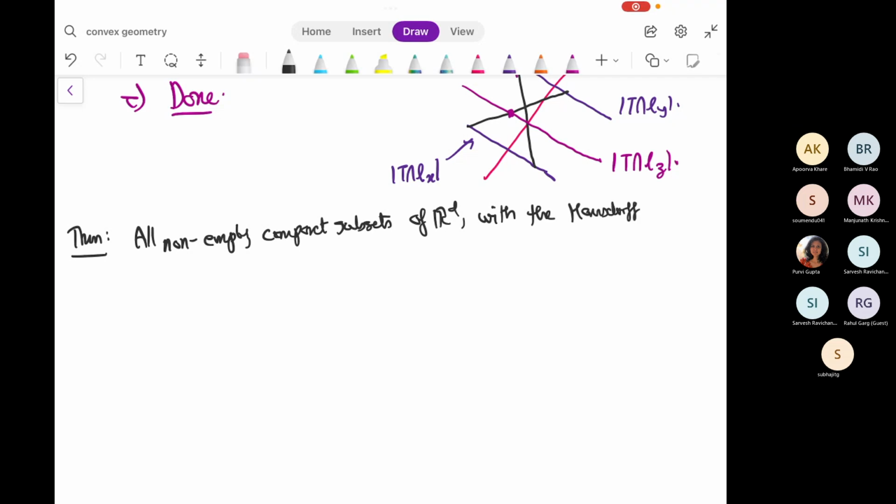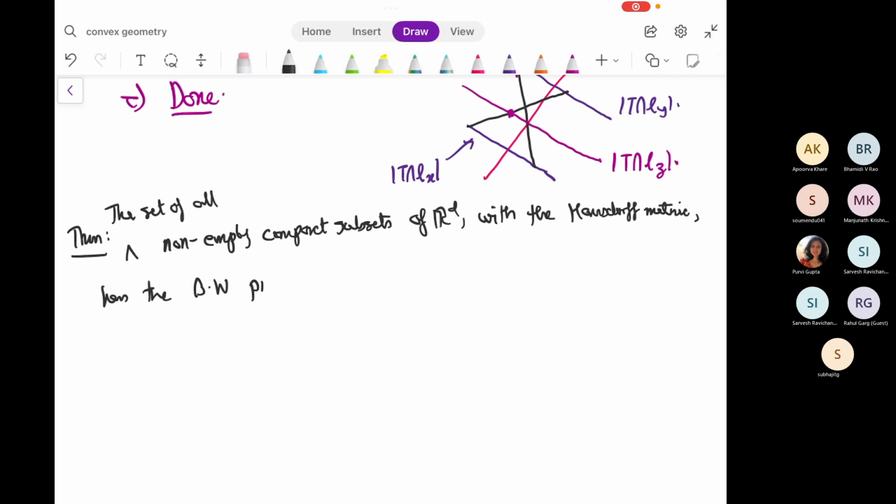The reason why we take the Hausdorff metric is that we want this particular property that I'm going to mention next, which is basically the Bolzano-Weierstrass property. So this is a metric space with the Bolzano property. The set of all non-empty compact subsets of R^d with the Hausdorff metric has the Bolzano-Weierstrass property.